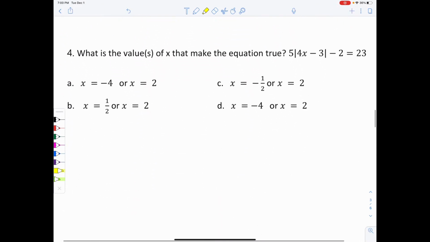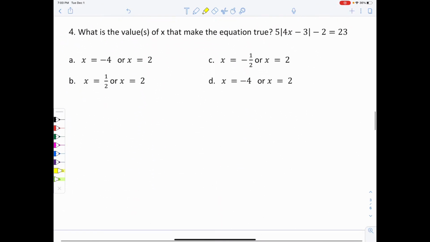Next example. What value of x makes the equation true? Okay, same thing here. First thing I'm going to do is make sure that I isolate the absolute value. So add 2 on both sides. That would leave me with 25, and then that 5 out front's being multiplied.